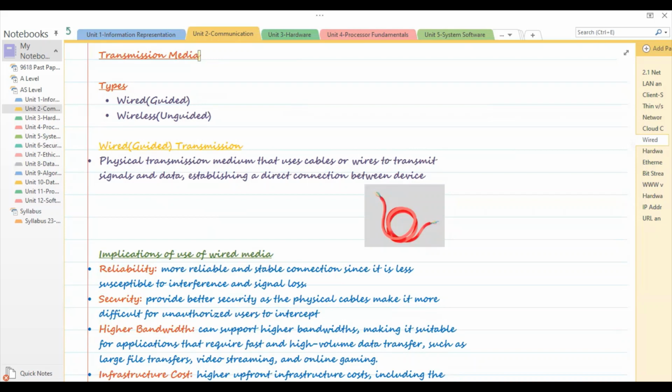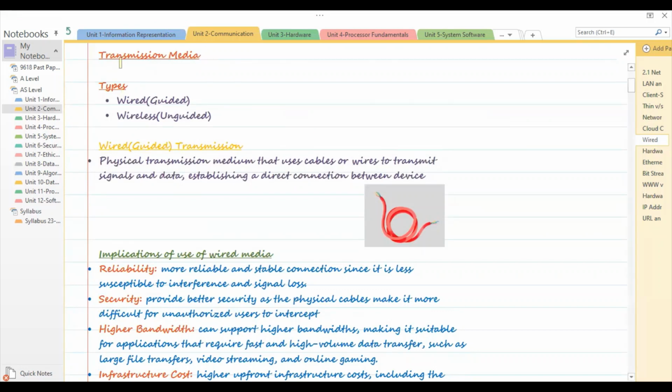So two computers can be connected using wires, or you can connect some computers using wireless medium as well. For example, you can use Ethernet cable to connect to the internet, or you can connect your device via Wi-Fi, or Bluetooth can also be used to connect. So Bluetooth and Wi-Fi are types of wireless medium, and Ethernet cable is a type of wired transmission medium.